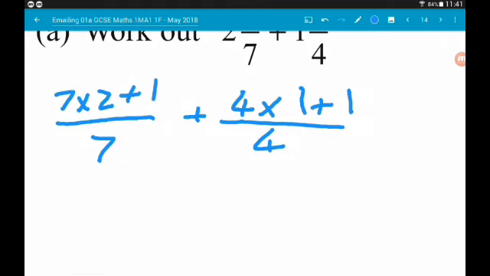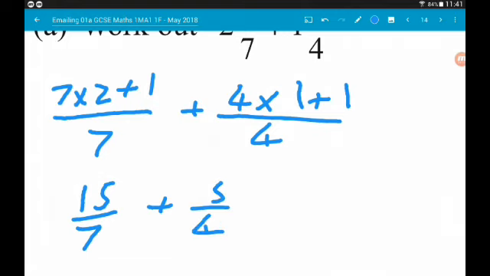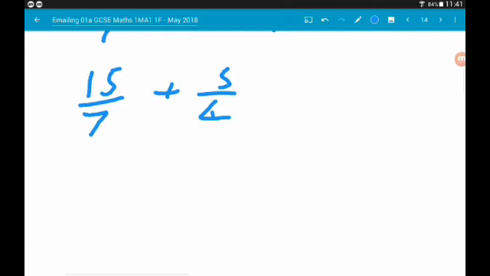So 7 times 2, add 1 is 15. So we got 15/7, add 4 times 1, add 1 is 5. So we got 5/4. Okay. Now, to add fractions, they need to have common denominators.